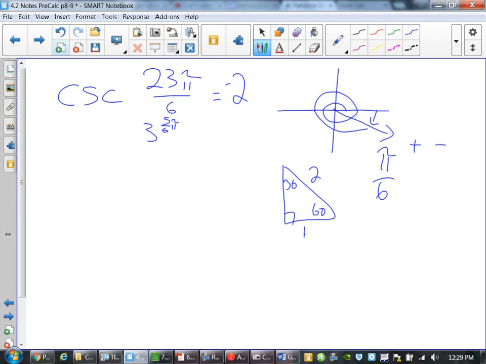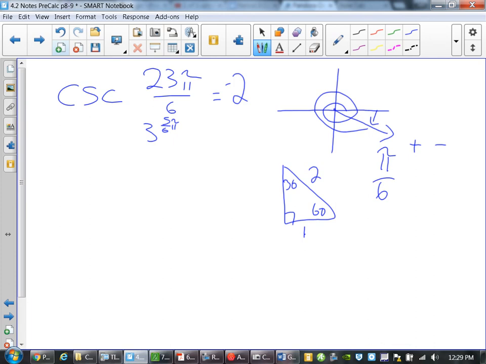Now, the only other trick was, where was tangent positive and where was tangent negative? Remember, tangent, guys, come on. Tangent is y over x. So tangent will be positive whenever both signs are positive or both signs are negative. Because what's a positive divided by positive? What's a negative divided by negative?